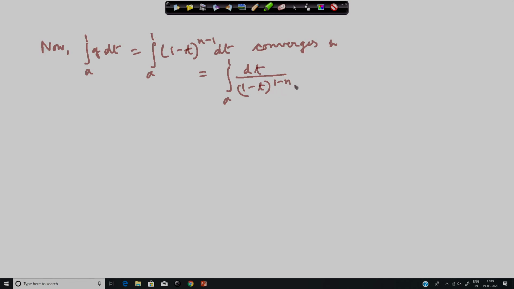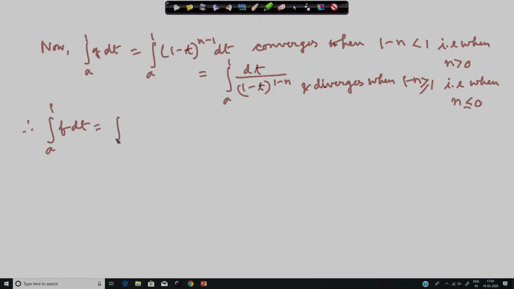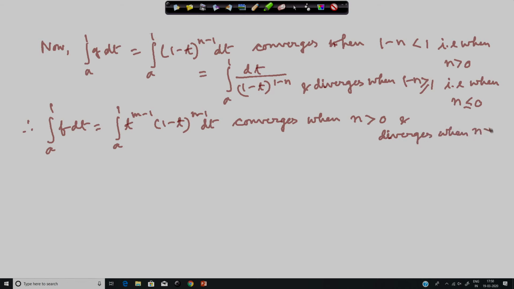So it converges when the index 1 minus n is less than 1, that is, when n is greater than 0, and diverges otherwise. For the complementary case, the integral from a to 1 of t to the power m minus 1 times (1 minus t) to the power n minus 1 dt converges when n is greater than 0, and diverges when n is less than or equal to 0.